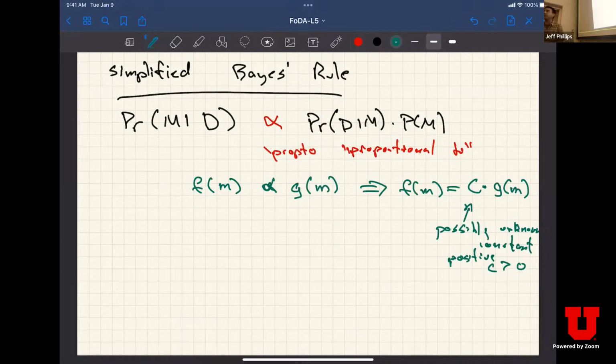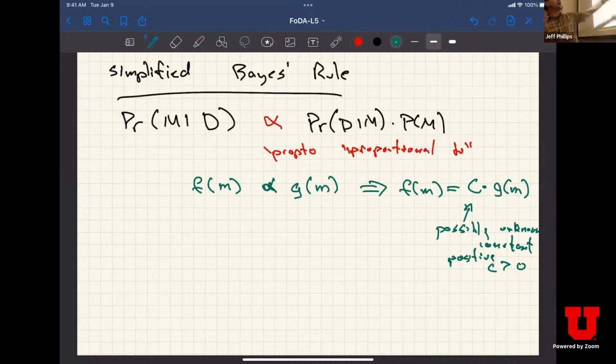This proportionality will be very useful, because before, when I had to write down these calculations, I had to say the argmax of the left-hand side is equal to the argmax of the right-hand side. I want to take the argmax at the end, but in the meantime, I just want to know that the two equations were proportional to each other, so the argmax was the same.